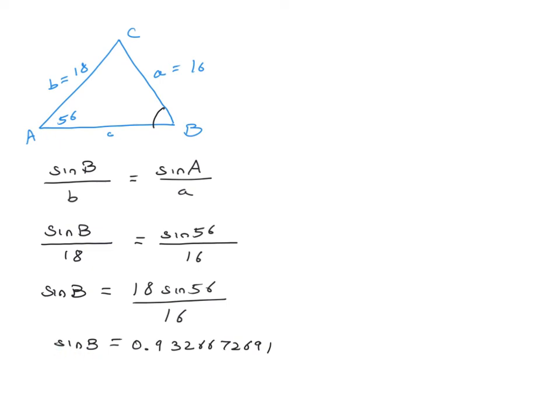But there's a really nice way to get B all by itself. I can apply sine inverse to both sides of my equation. Sine inverse of sine cancel to give me B. And on the right side, I have a button in my calculator for sine inverse. So I'm just going to take that value, 0.93266722691, and type that into my calculator to see what value I get back.